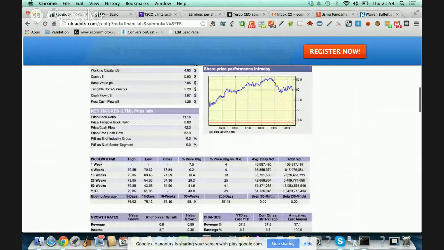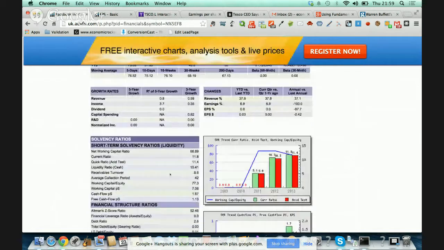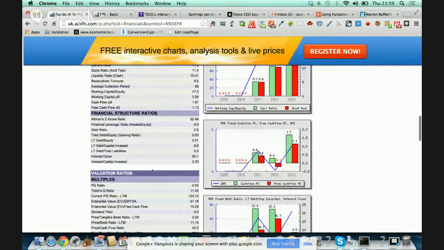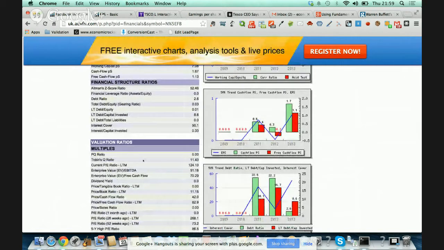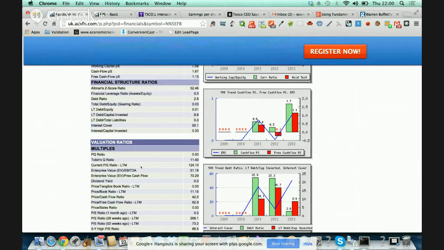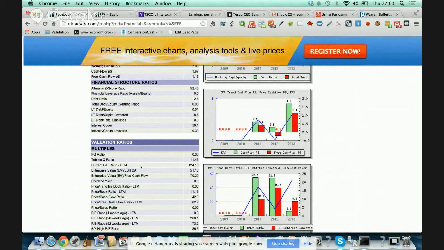Let me see what else. Now, the thing is, we don't have a breakdown of the Tobin's Q, unlike the Tesco one, which had it excluding intangibles. If we had excluded intangibles here, I'd say you'd have a significantly higher Tobin's Q. Usually their assets are mainly headquarters, like the offices in Dublin and so on, and a lot of their technology and hardware will probably be depreciating in value.